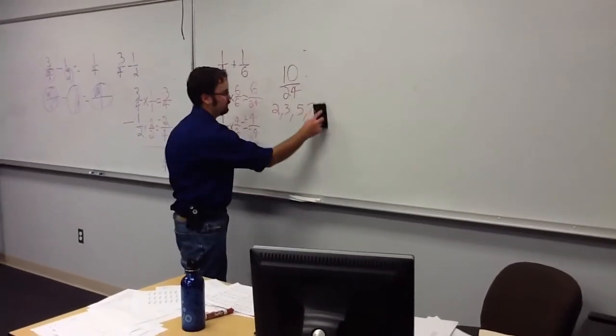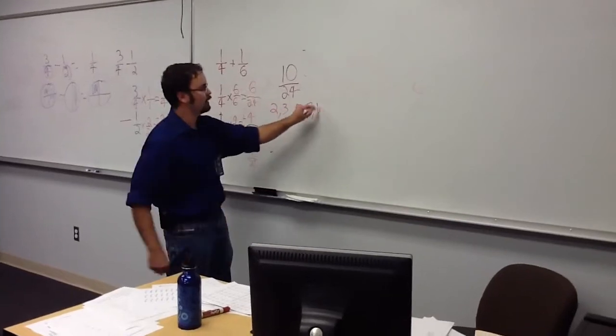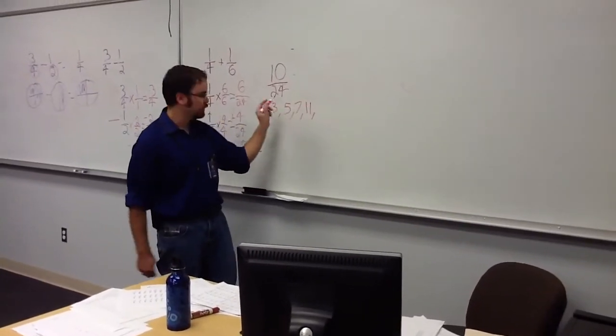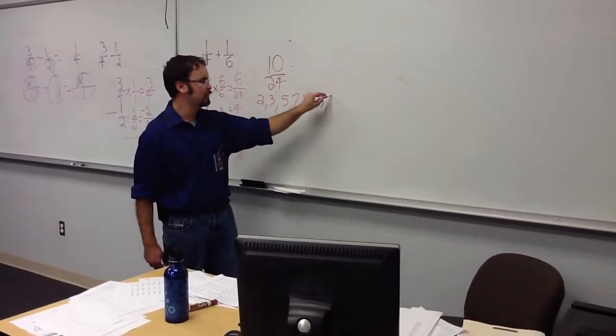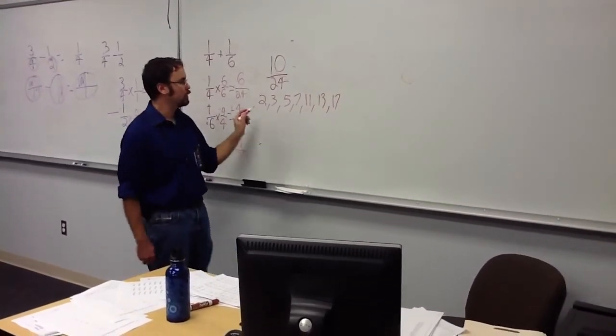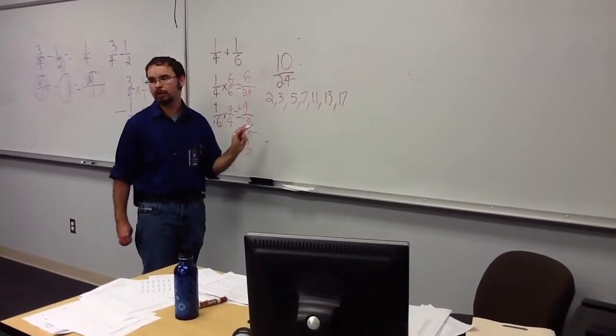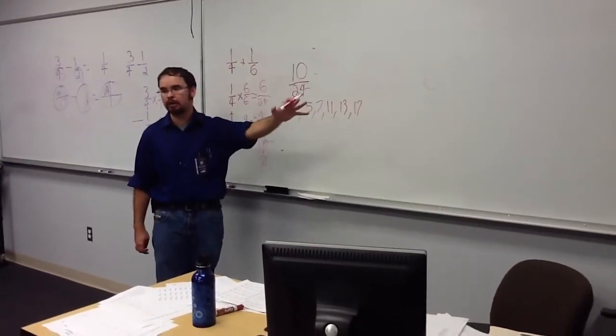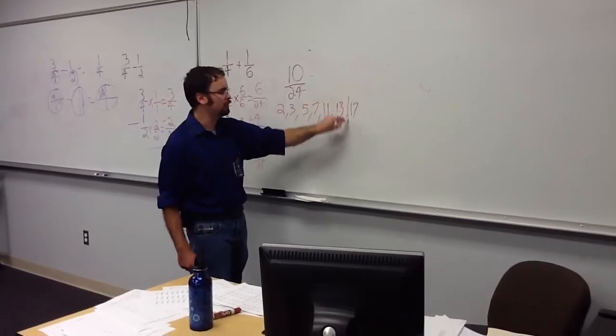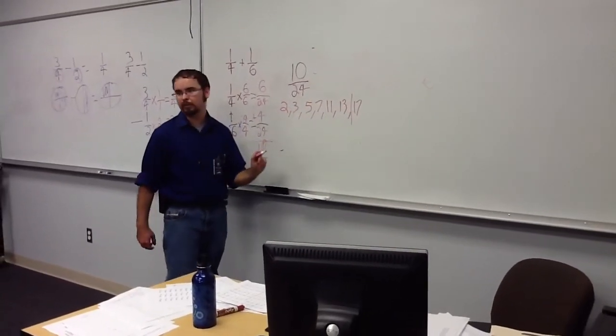Not 9. Thank you for catching that. 11, I was going odd. 11, 13, 17. Those are going to be the most common ones you're going to run into. Also 23, 19, you keep going a lot more. But normally, you just need to go about 13.